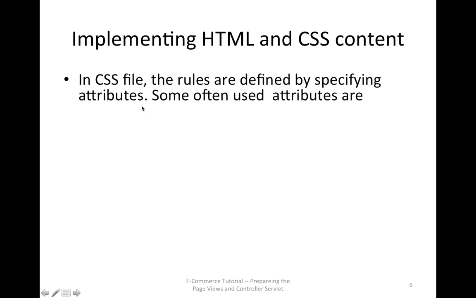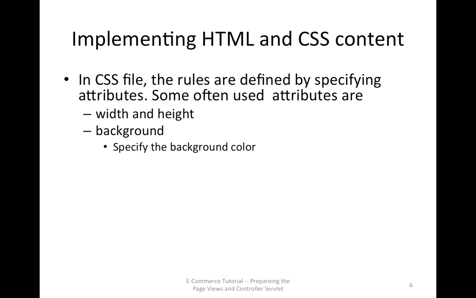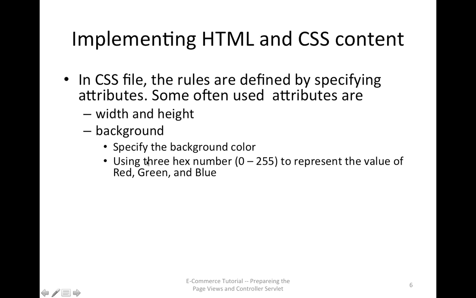In a CSS file, the rules are often defined by specifying attributes. Some often used attributes are width and height, and background, which specifies the background color. We use three hex numbers with values from 0 to 255 to represent the values of red, green, and blue. The combination of red, green, and blue can form any color.